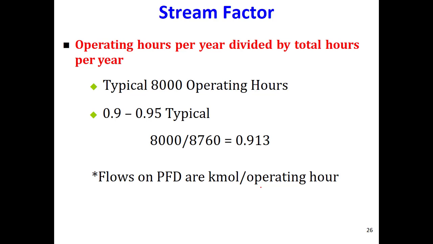For the stream factor, as I said, we also use a stream factor to calculate the cost of raw material. How we calculate this stream factor is the operating hours per year divided by the total hours that we have per year.